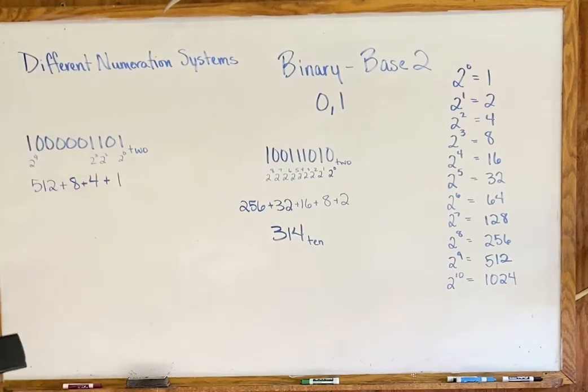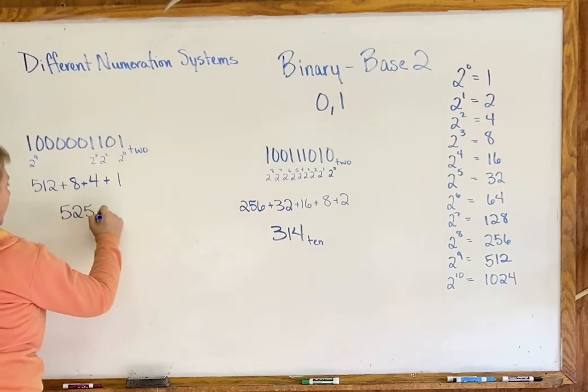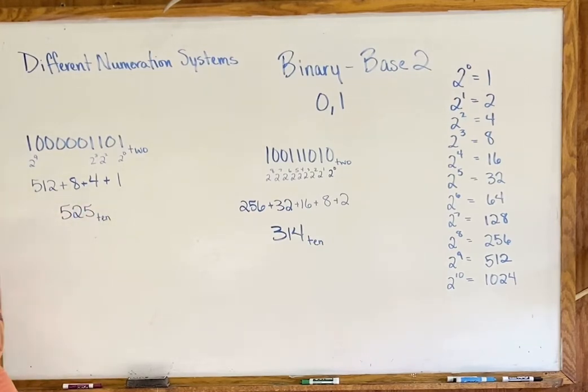So you see how, if you have that list over there, this actually starts to get quicker. 512 plus 8 plus 4 plus 1. So this is the number 525 in base 10. Good.